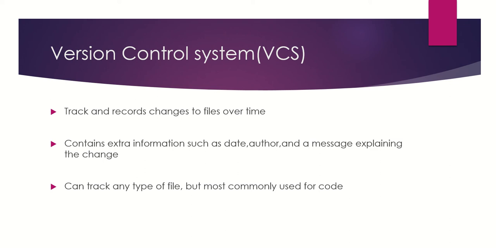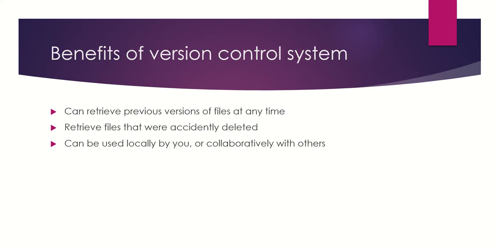In addition, if you make a mistake and accidentally delete some code or even some files that you realize you need to get back, you can use your version control system to retrieve those easily.